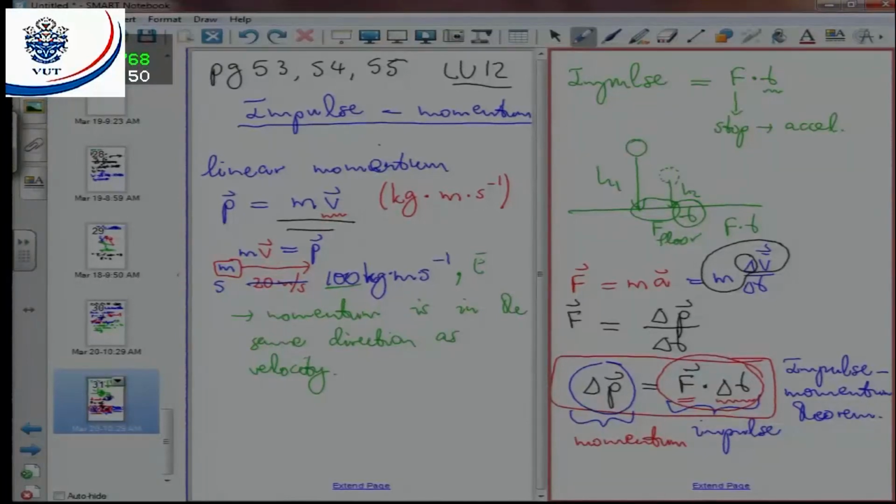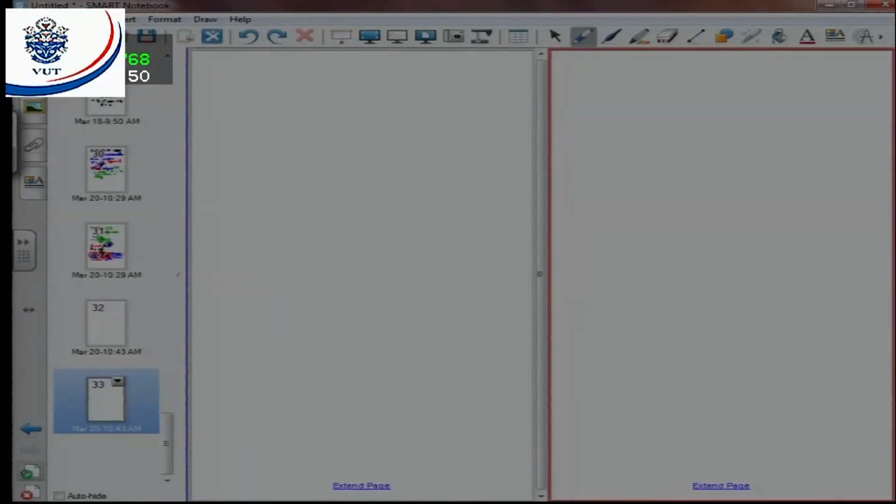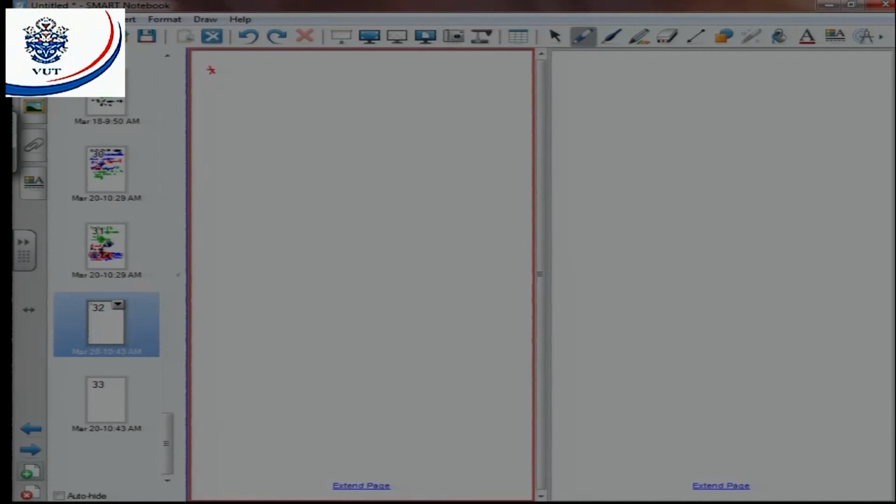So we need a new page. So now we are studying the principle of conservation of linear momentum. Okay, so what does this principle tell us?